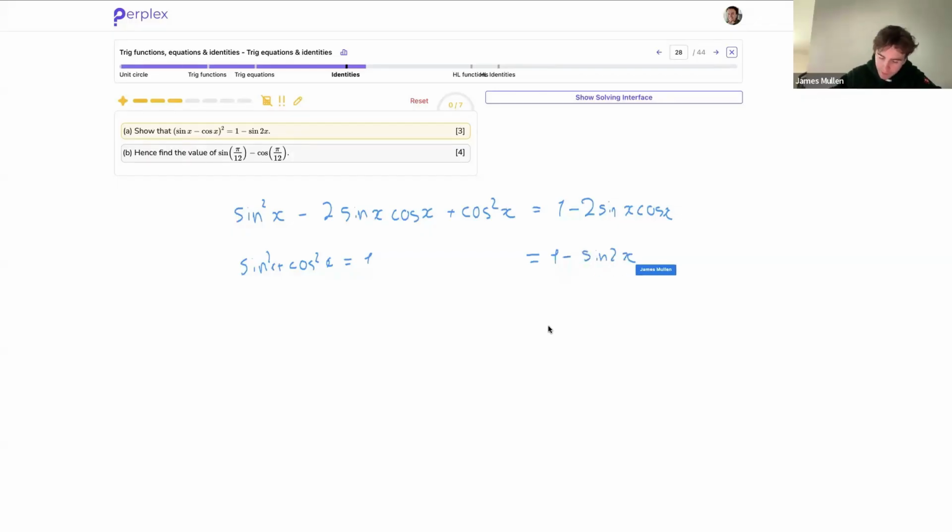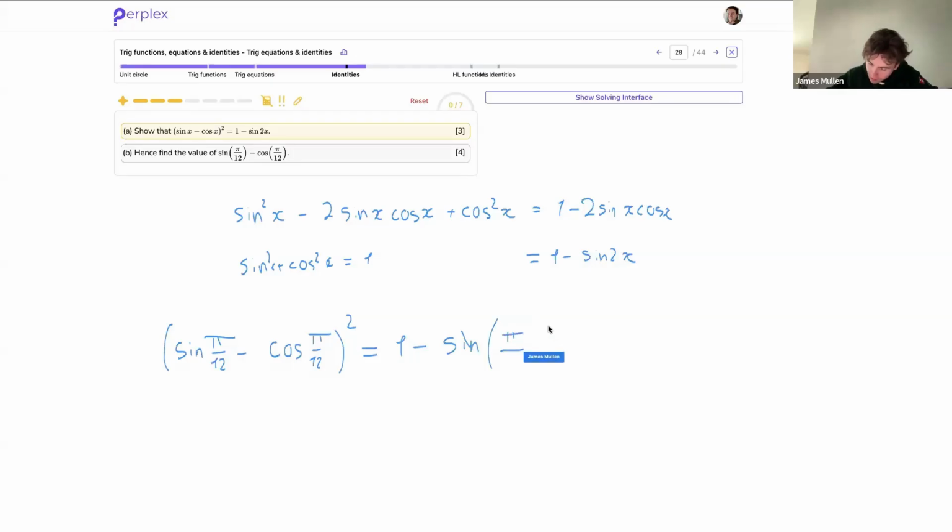That answers part A. And in part B, we want to find, using part A, the value of sin pi over 12 minus cos pi over 12. So how can I use part A? I know that if I did sin pi over 12 minus cos of pi over 12, and I squared it, I should get 1 minus sin of 2 times that, so pi over 6.